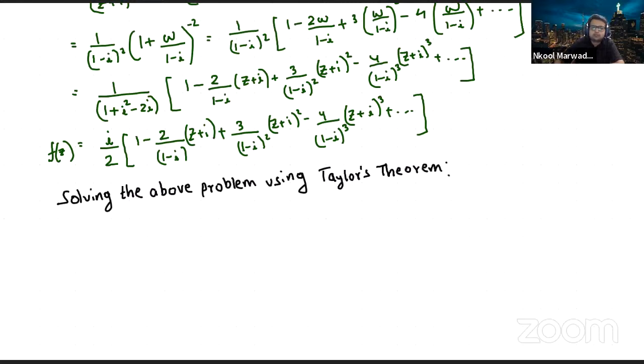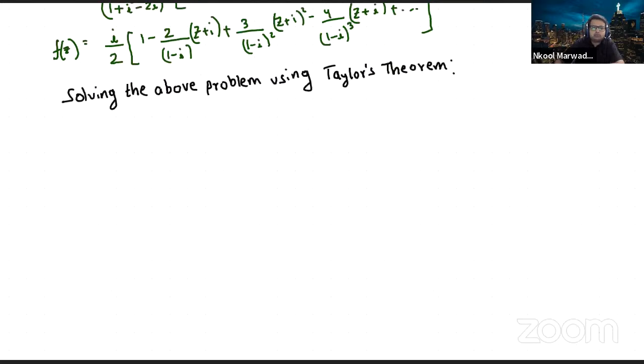So Taylor's theorem we know. Taylor's theorem is something like this, and it is for complex numbers. For complex functions, the Taylor's formula is something like this.